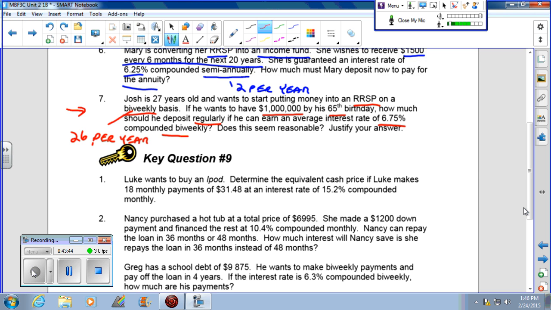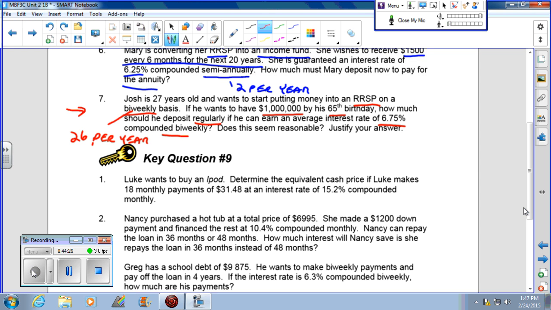Okay, so basically Josh wants to be able to put $1 million away, 27 years old, starting a little later, but might not be so bad, right? So what formula are we going to pick here? I'm pretty sure that it's going to be the annuity formula.